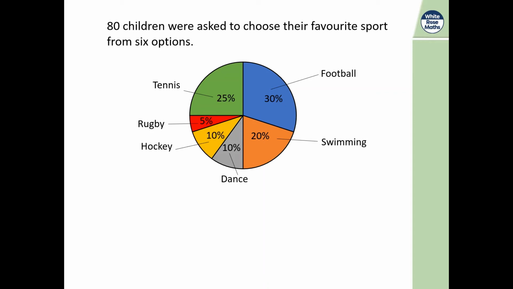We've got a 10%. Remember, when we find 10%, we divide by 10. So what is 80 divided by 10? And you should be able to find dance. And then you can use that to find your 20 and your 30. Rugby is harder. Once you've got 10% of something, to get 5%, we need to half that answer.